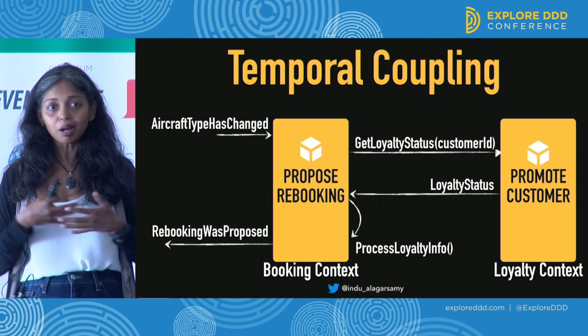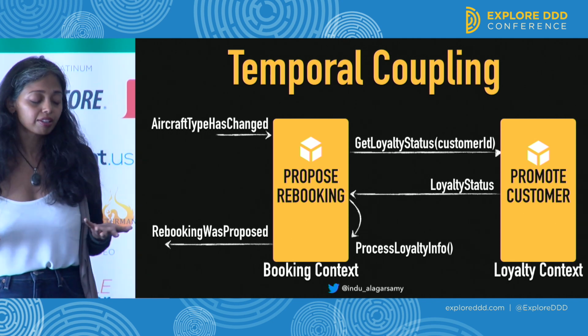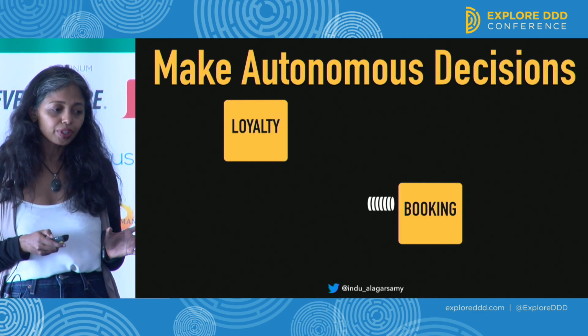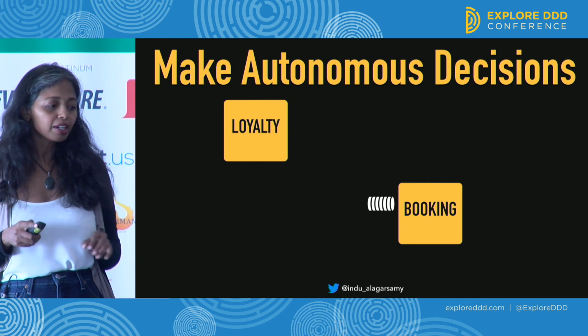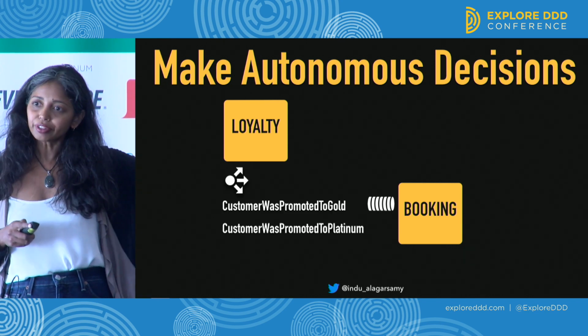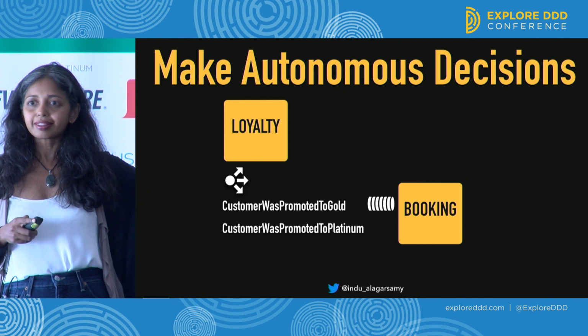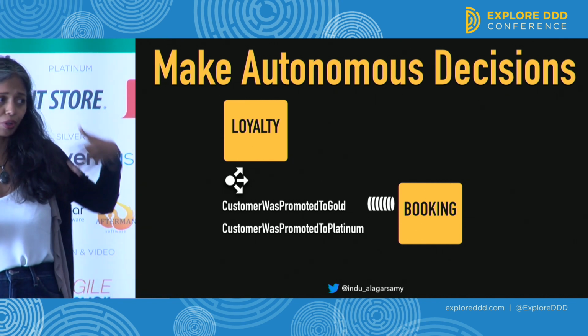So you are coupled, and this is where you can use publish subscribe as a way to defuse this temporal coupling. Whenever those events happen, loyalty publishes, saying, hey, customer was promoted to gold or platinum.